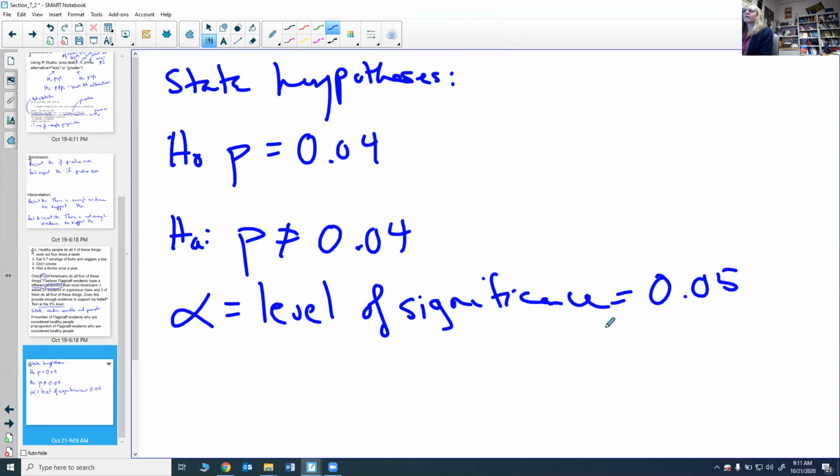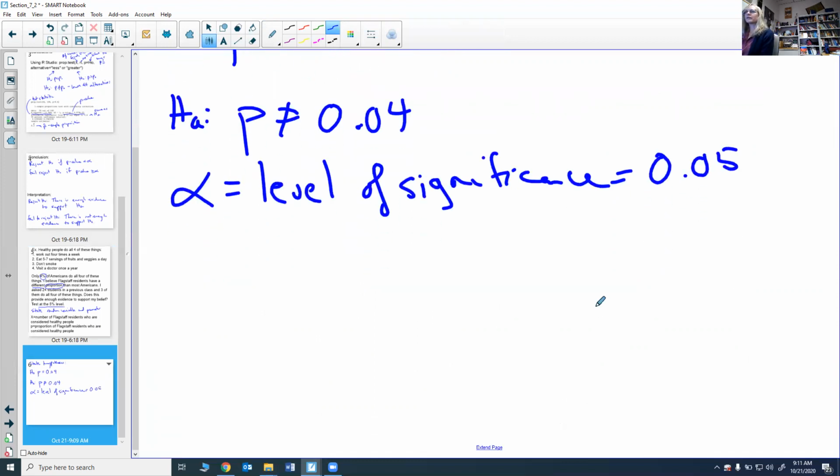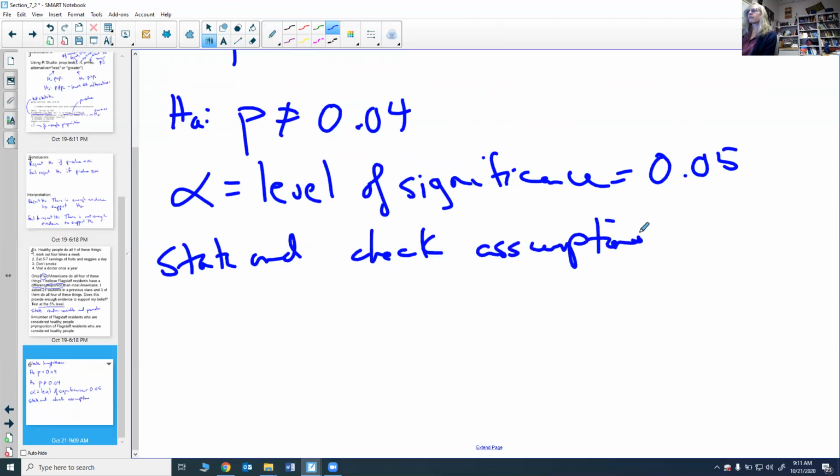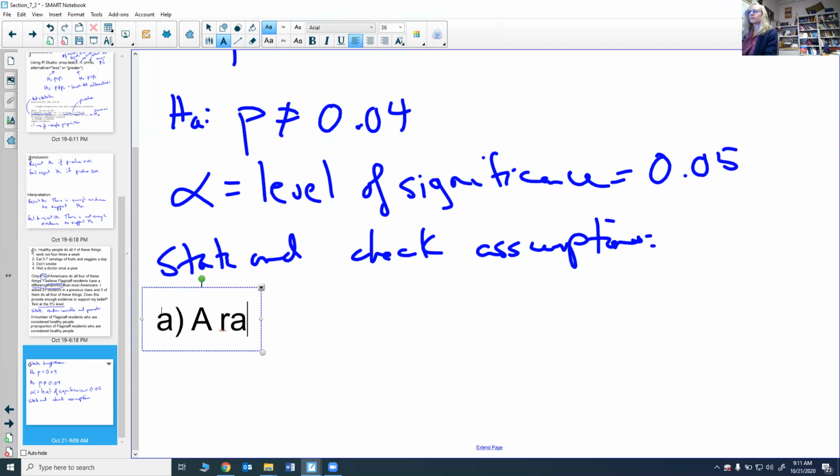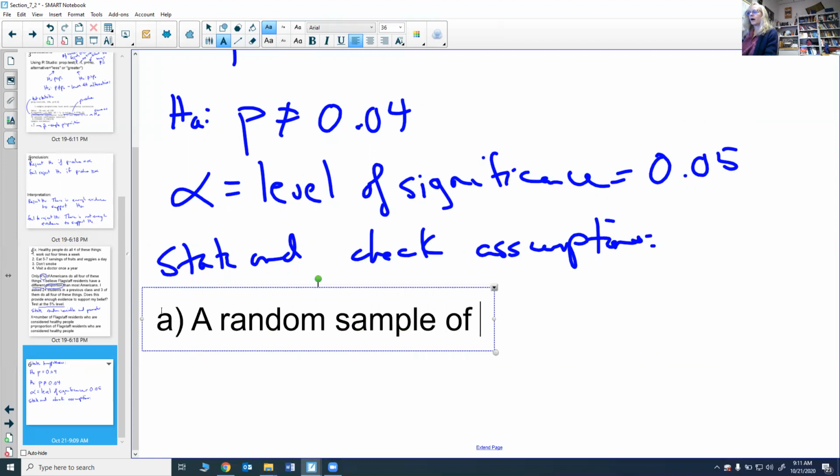Okay, so now that we've stated our hypotheses, the next step is to state and check your assumptions. I'm going to go ahead and type these for most of them. The first assumption is that you had a random sample. So a random sample of responses, because that actually is what I'm looking at.